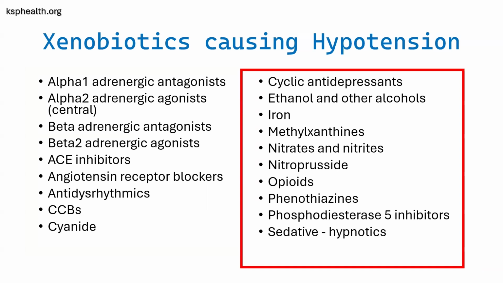And also cyclic antidepressants, ethanol and other alcohols, iron, methylxanthines, like that happens with aminophylline, nitrates and nitrites, nitroprusside, opioids, most commonly we come across with fentanyl overdose, phenothiazines, phosphodiesterase 5 inhibitors, and sedatives and hypnotics.